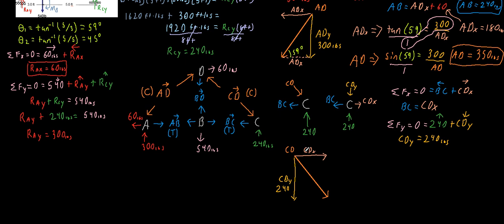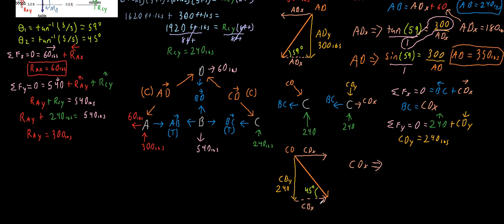Then I can turn this into a triangle by using our tip-to-tip method. I will redraw our X component of vector CD down here, and I'll remember that we solved for the angle earlier, which was 45 degrees. To solve for CDX, we look at which parts of our triangle we are using.